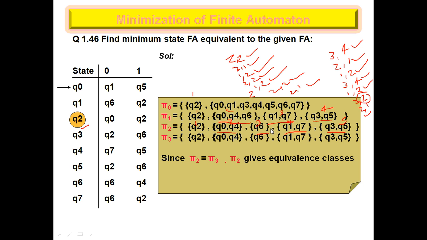Good. So it is clearly visible that pi2 and pi3 are the same in nature. So we can conclude that we'll have to stop our construction, and pi2 will be the final result because pi2 and pi3 are the same.